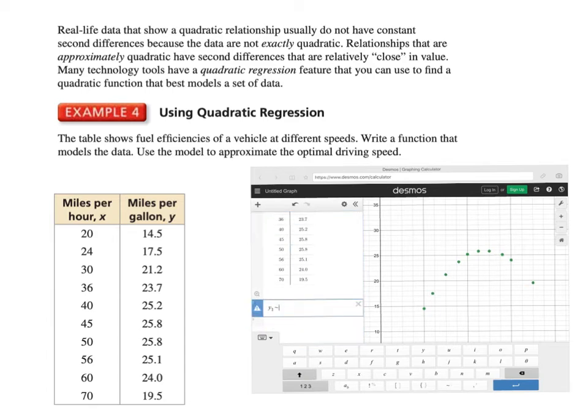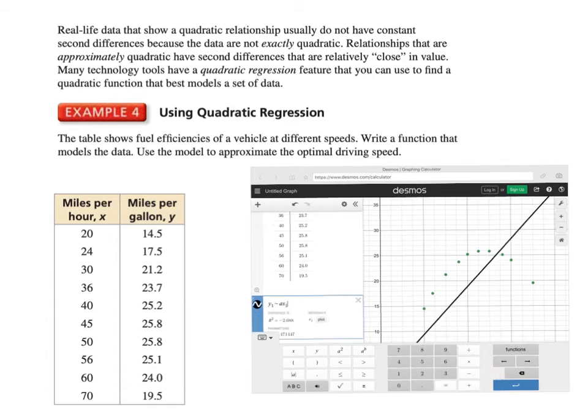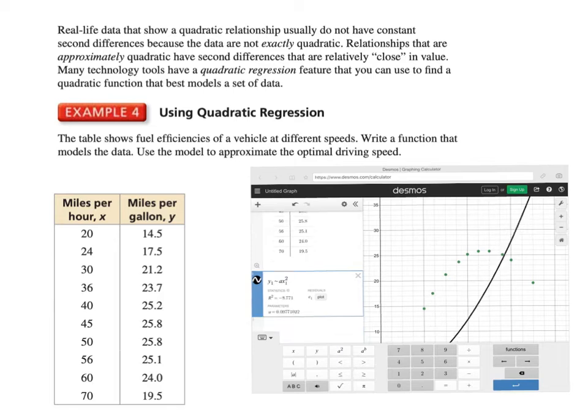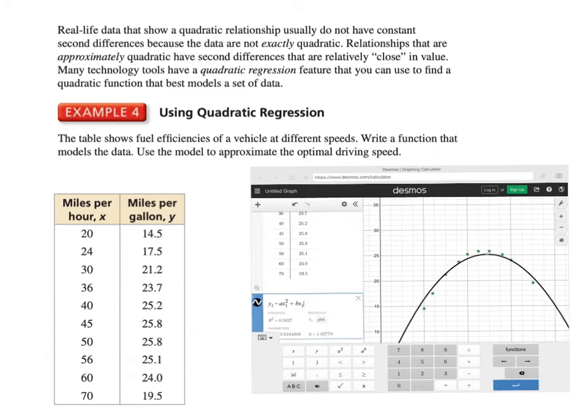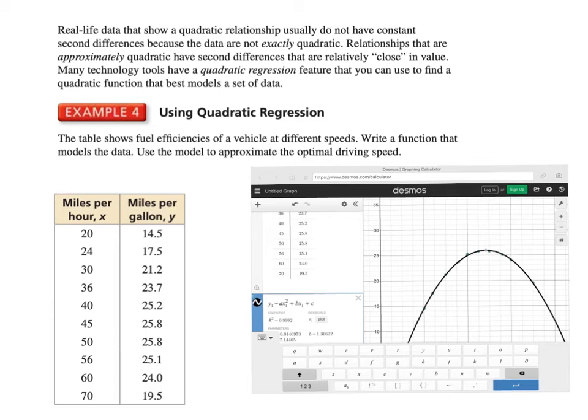So we're going to type in a, x, and then click on a 1 because it's x sub 1, and we're going to square it, plus b, x sub 1, plus c. And that gives us the regression model.